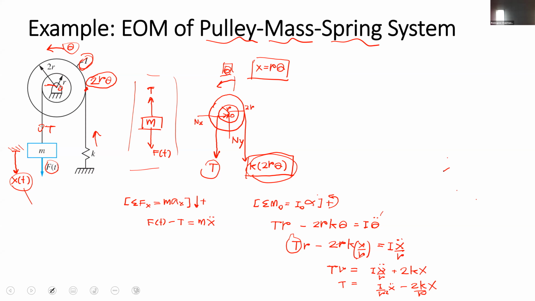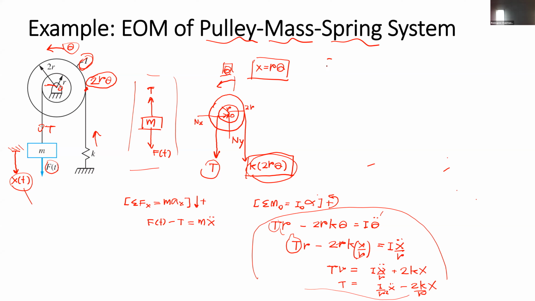But if we are talking about the torque, it needs to be the force multiplied by the radius. So yeah, this is wrong. We're gonna do it again from here, okay?